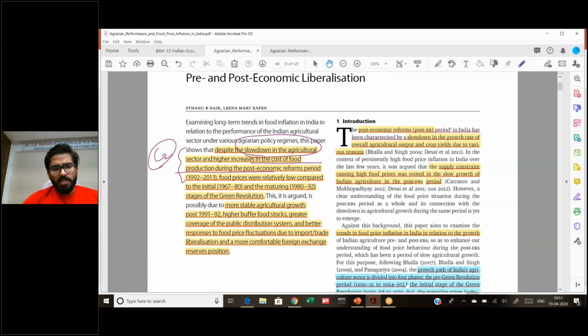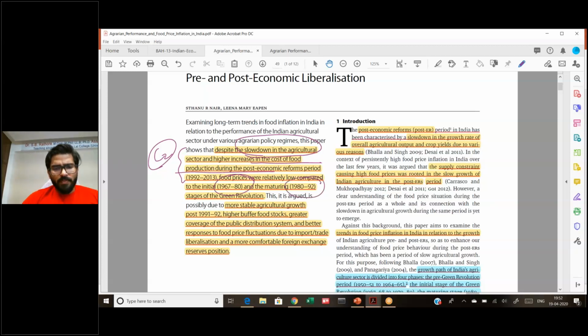So despite the agriculture slowdown and increasing input costs, in the post-economic reform period, from 1992 to 2013 in this reading, we see that the food price increases were muted as compared to the initial phase of green revolution, which is 1967 to 1980, and the maturing phase, which is 1980 to 1990.